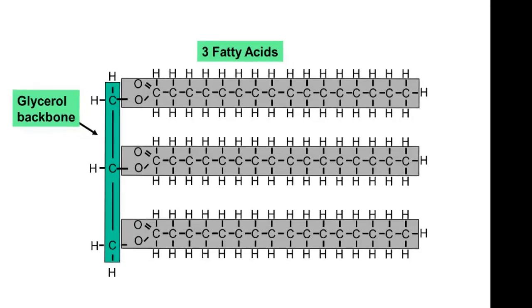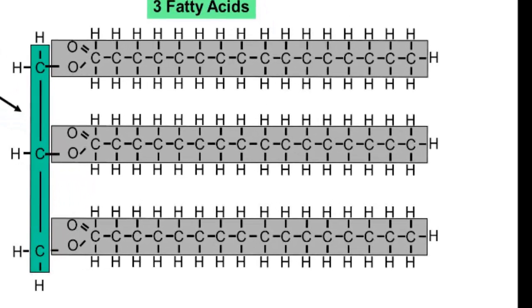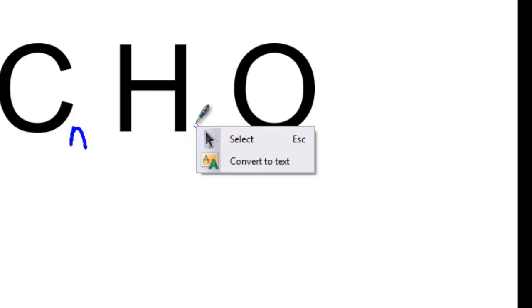So let's just have a look at the molecules involved in a lipid here. And what we can see is again, lots of carbons, lots of hydrogens, making it organic. But we can only see a few oxygens, and that's really reflected in the ratios that we see. If we said we had n number of carbon atoms, what we might find is that we have roughly 2n for the number of hydrogen atoms.